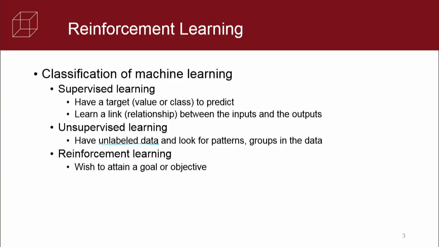Unlike supervised or unsupervised learning, the paradigm of reinforcement learning deals with learning in sequential decision-making problems in which there is limited feedback, and from this, we wish to attain a goal.